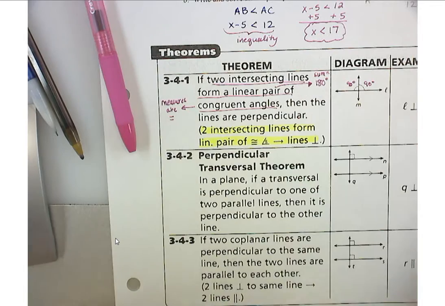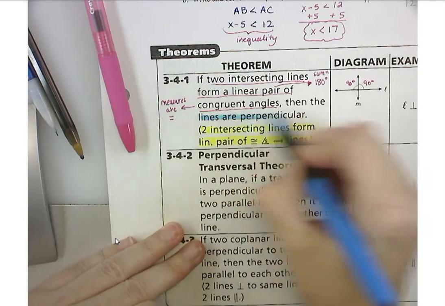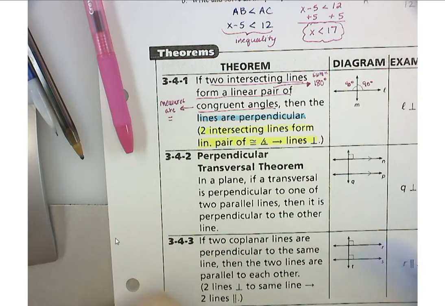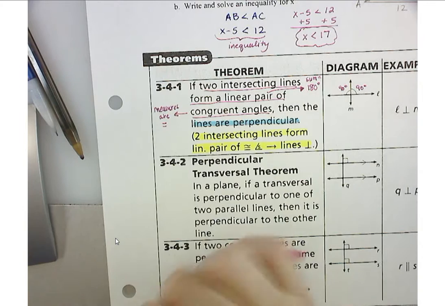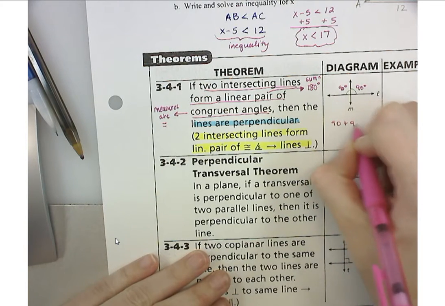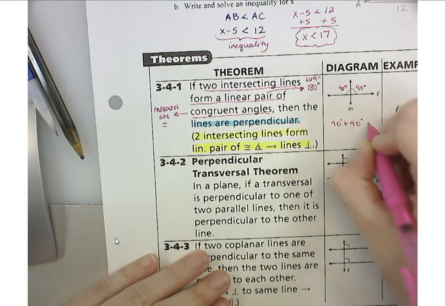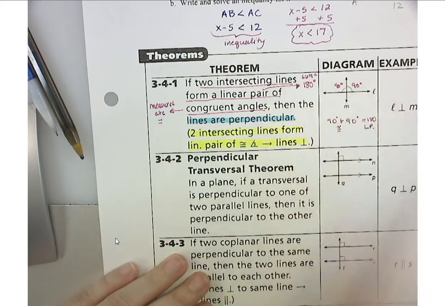So the conclusion is then the lines are perpendicular. Okay, and then here I just said because 90 plus 90 is going to equal 180. That's the linear pair. This is the part where the angles are congruent.